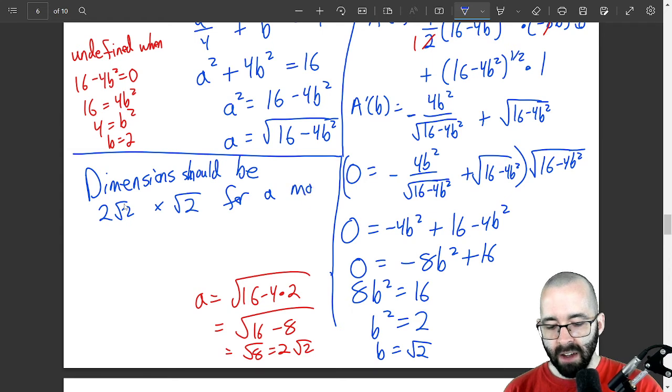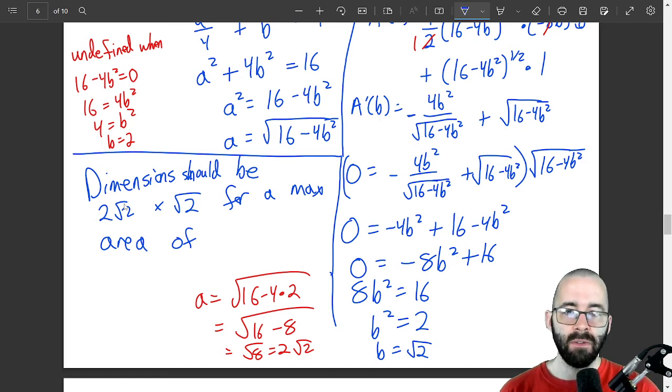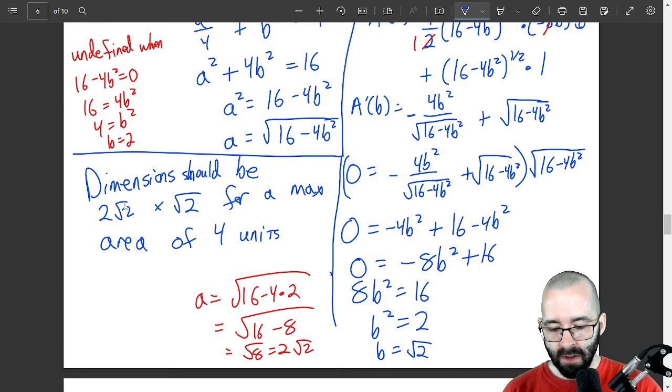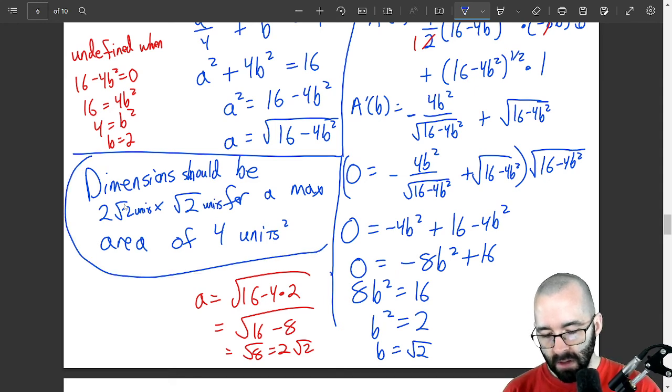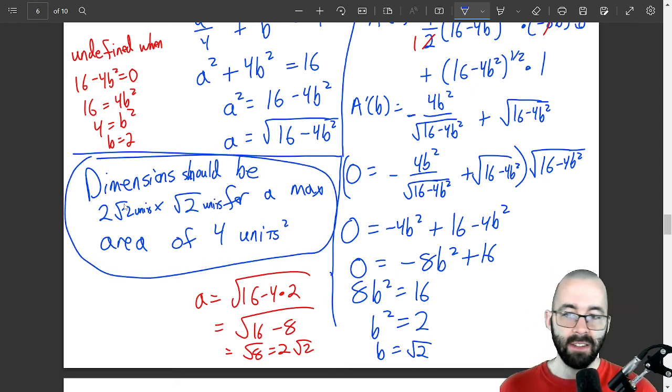For a maximum area of their product. Multiply those together, you get 2 times the square root of 4. That's 2 times 2. That's 4 units squared. Technically, these should have the word units in them as well. And that's our answer.